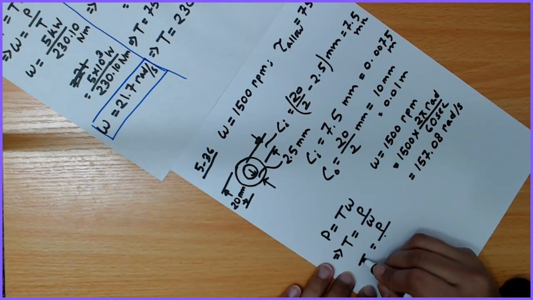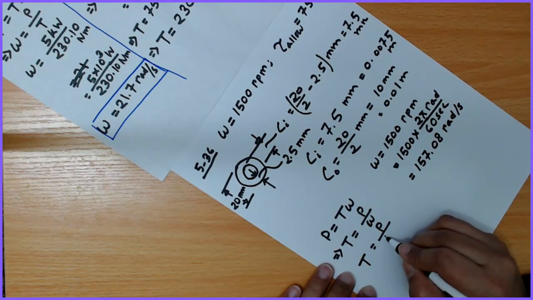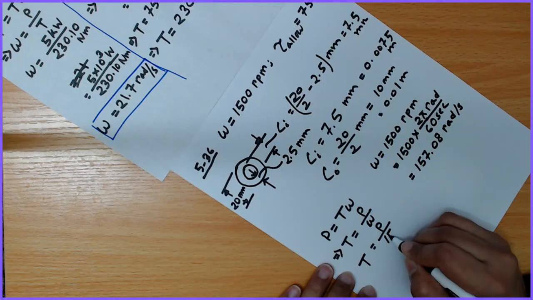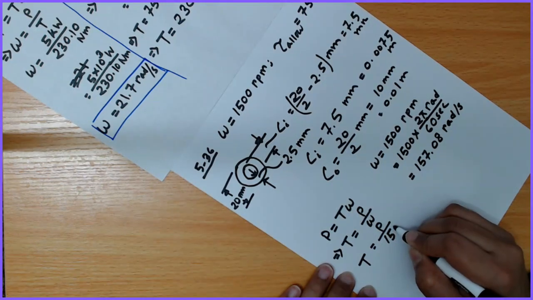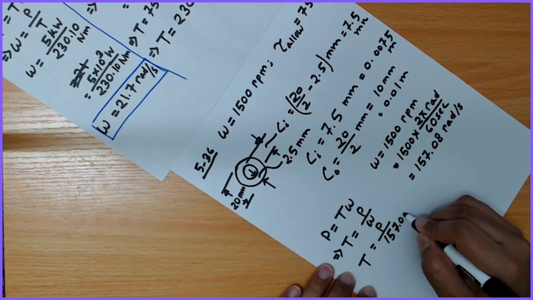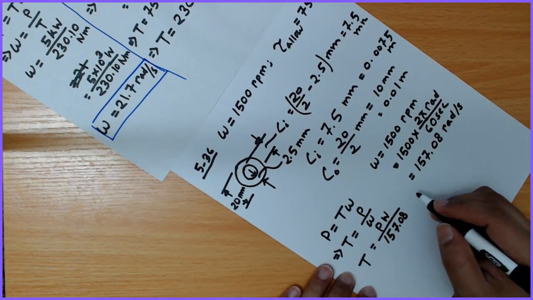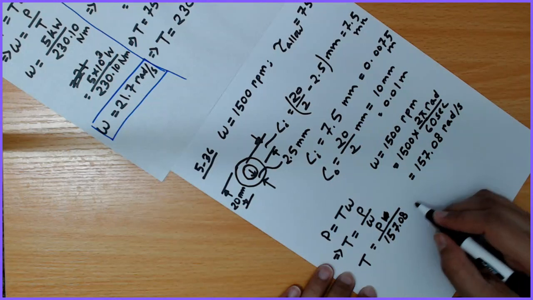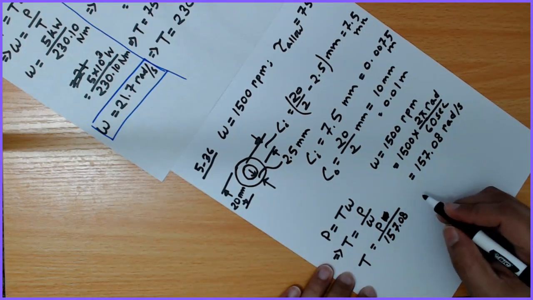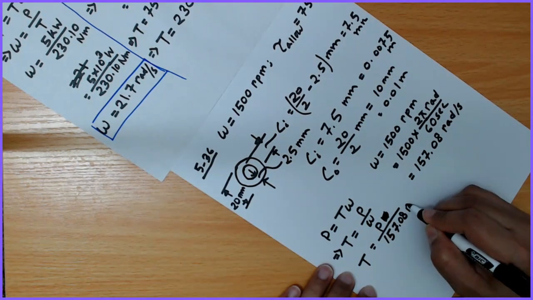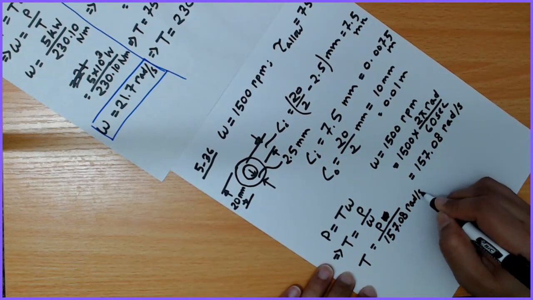So T equal to P by 157.08. P is in watt, so we don't need to write anything else, then radian per second.